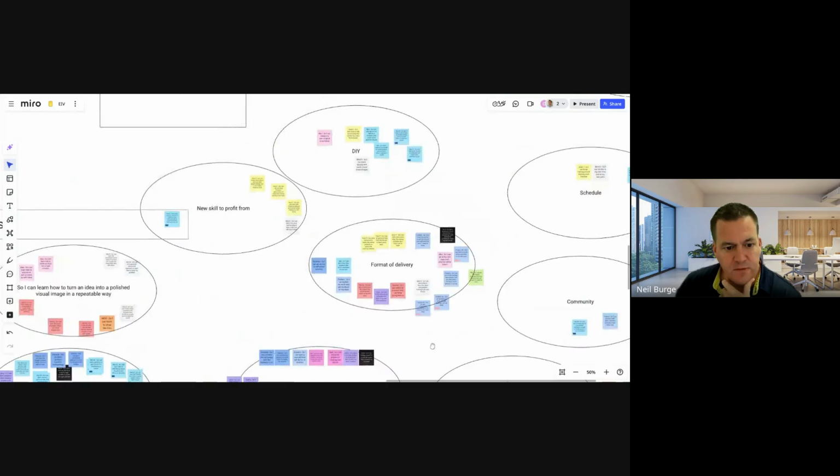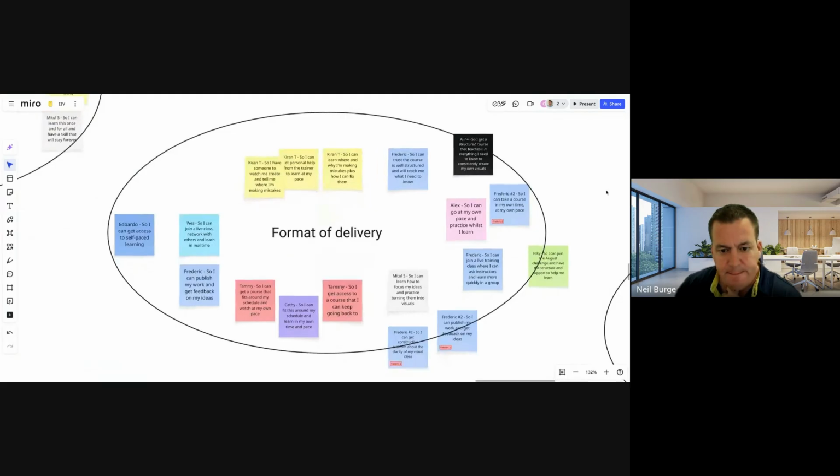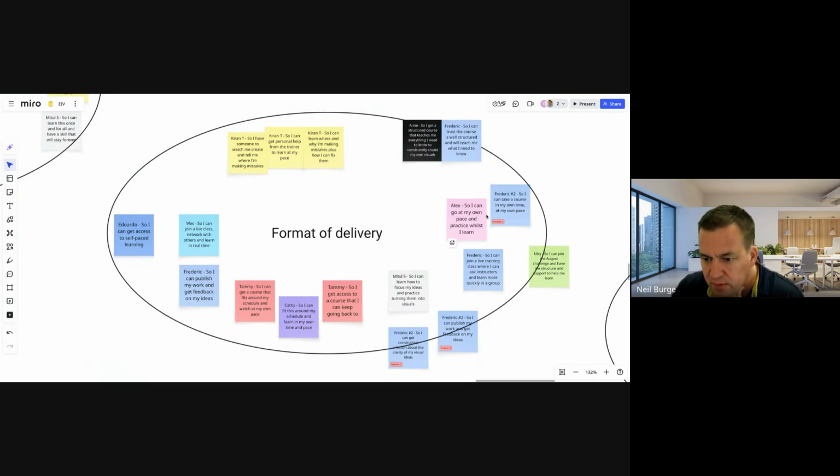All right, that's good. Format of delivery is certainly going to get pulled apart. So yeah, I want somebody to work with me, personal help. This is structure. This, I want to go at my own. So structure here. Own pace.